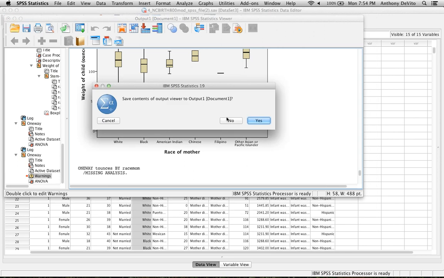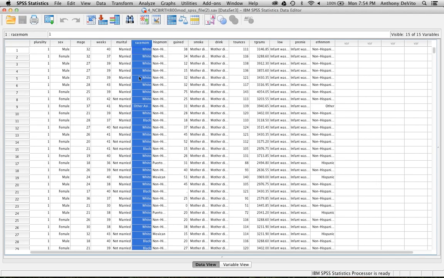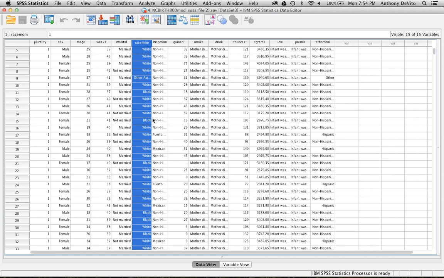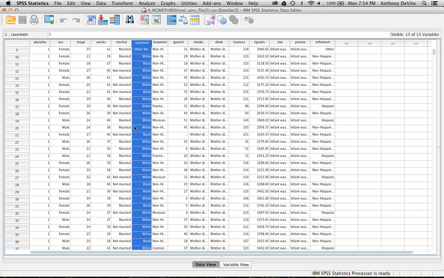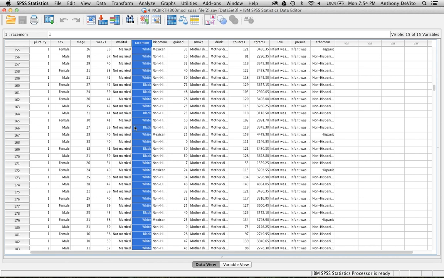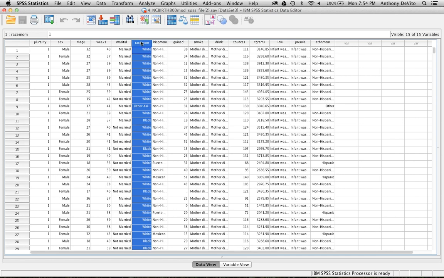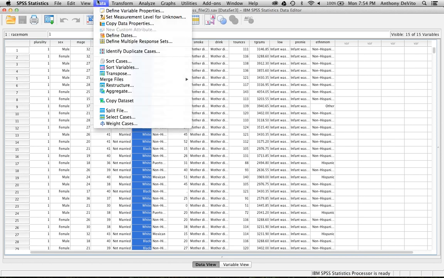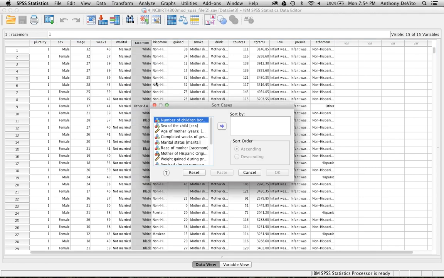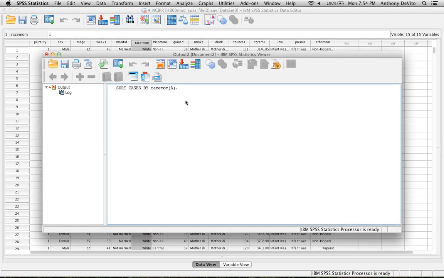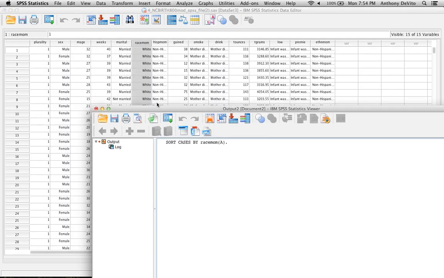There was one Filipino person that was a different group, for whatever reason. Let me see if I can find them. Let me sort the cases by race of the mother, and I'm going to say OK. The output table comes up.